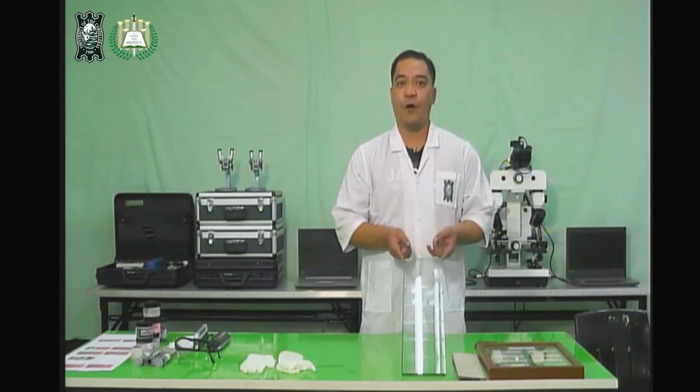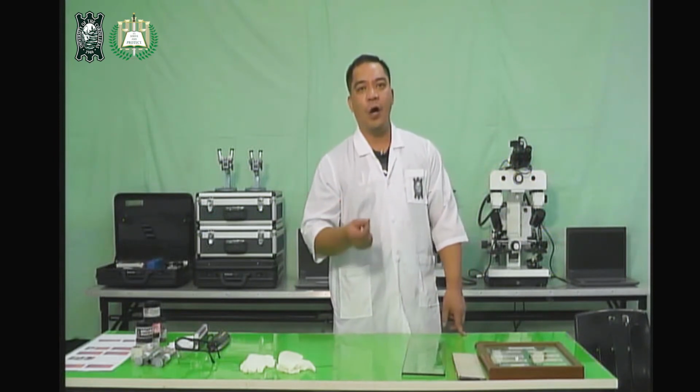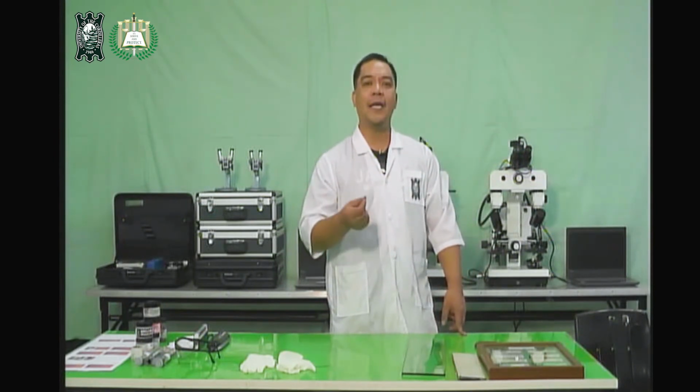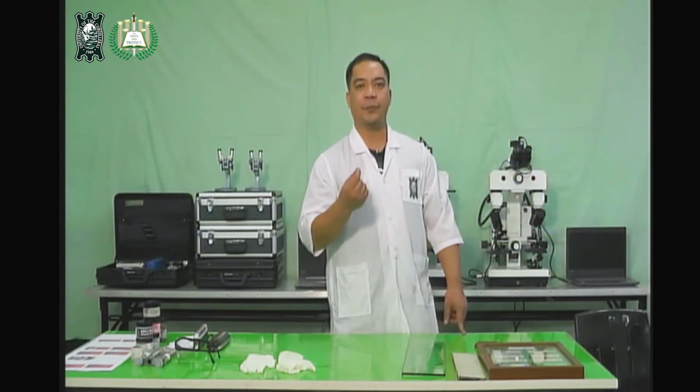It could be in the form of a powder, it could be in the form of applying a chemical, or it could be in the form of applying materials in their gaseous state to develop these latent prints.